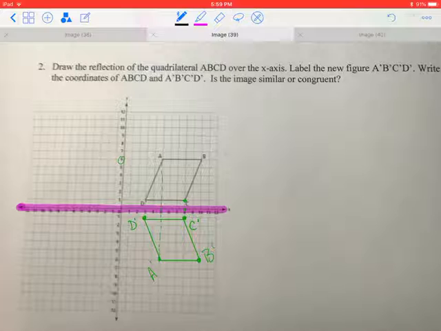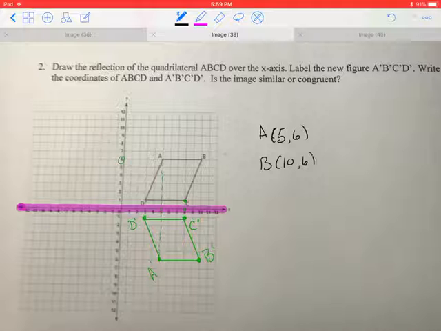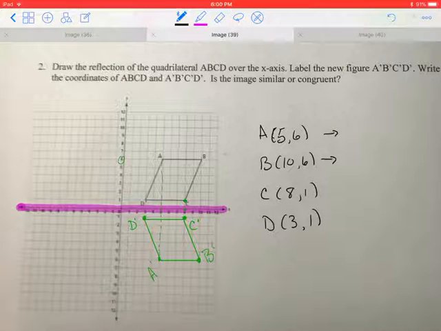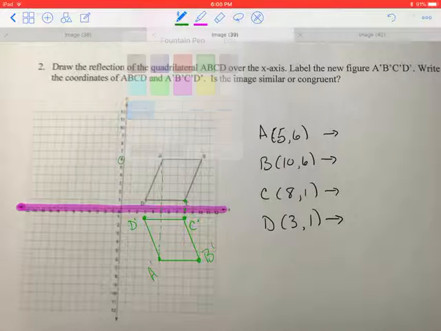So for our coordinates, now I'm stealing these from the previous problem because it's the same shape. So here are our original coordinates, A, B, C, and D. And now we want to look at the translated coordinates after we reflected. All right, so let me do my color again.